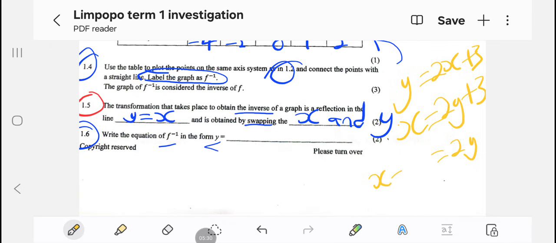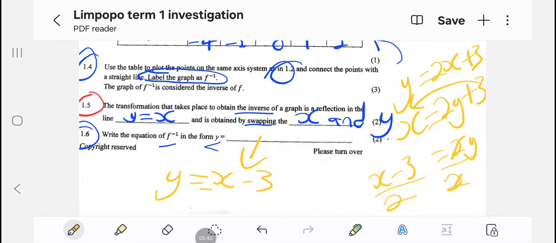We have x and then minus 3 because minus 3 jumps in. Then we divide by 2. So our answer here is y is equal to (x minus 3) over 2.